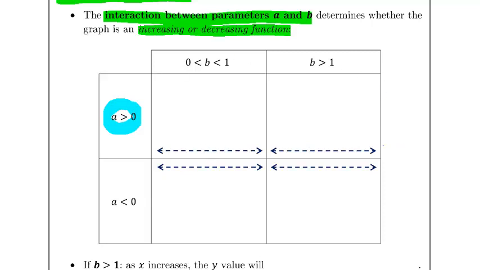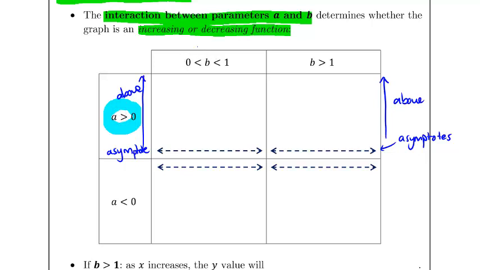Here are our asymptotes. And when a is greater than 0, we know that our graphs will live above the asymptotes. That's what we previously saw and concluded about the a parameter.